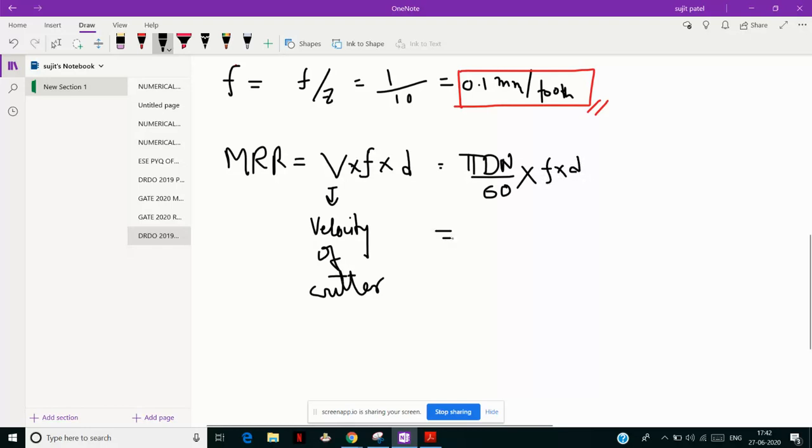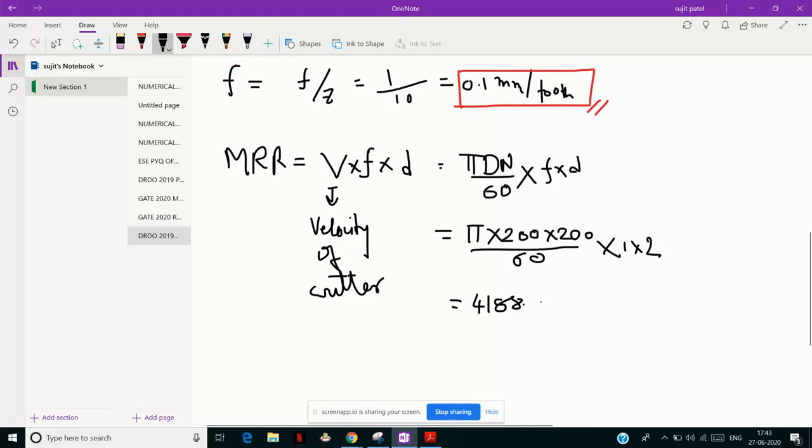So pi, cutter diameter 200 mm, RPM is 200, divided by 60, feed rate 1, and depth of cut 2 mm. Just calculate it.